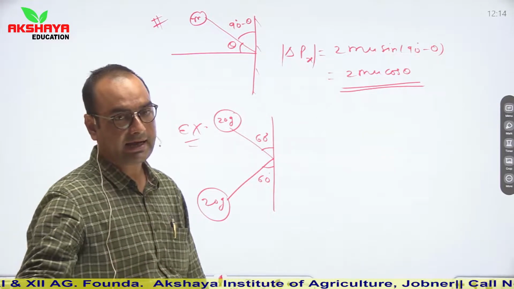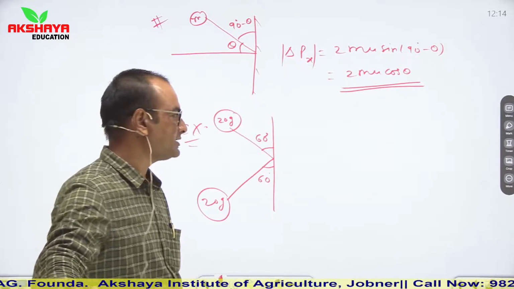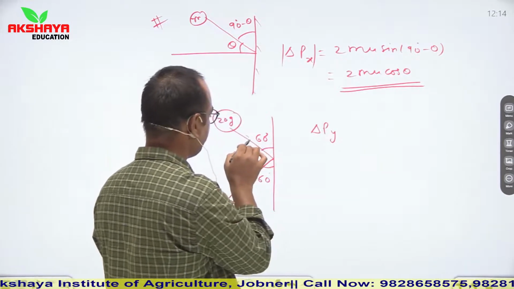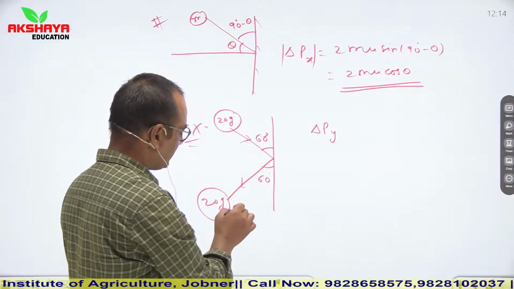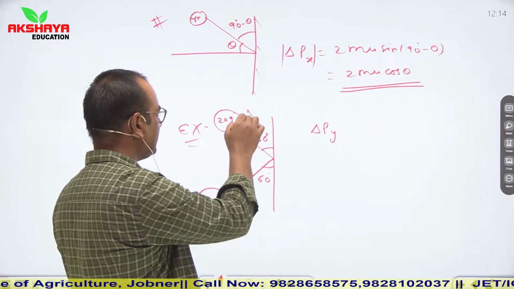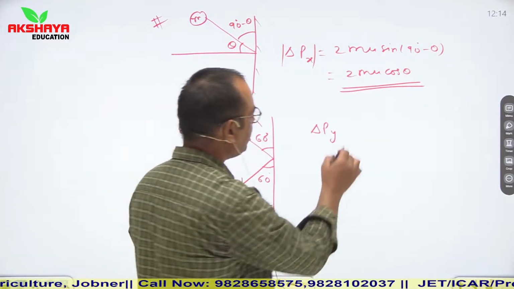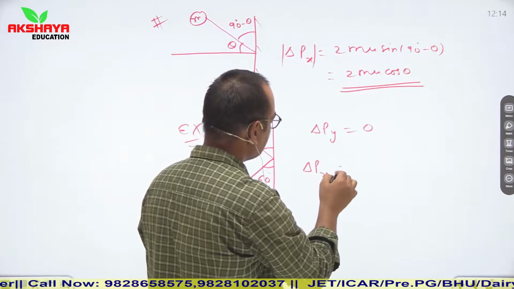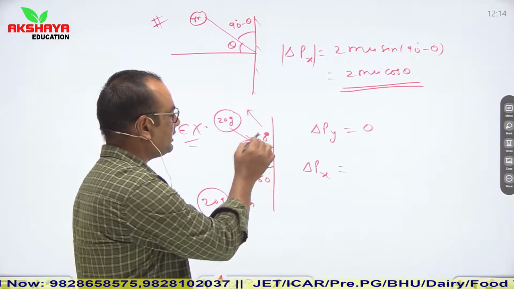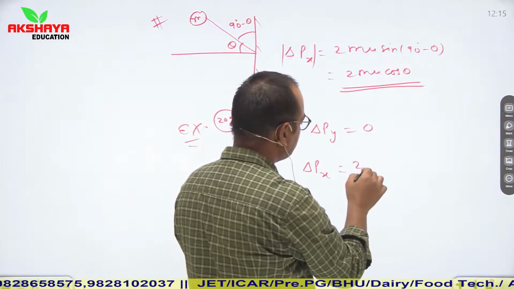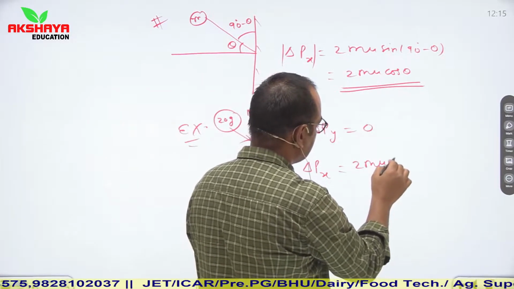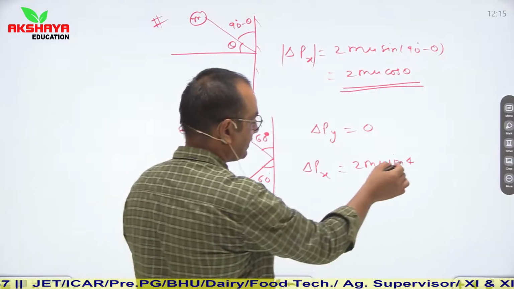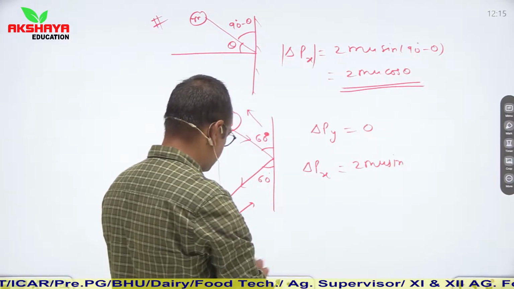If you are asked the change in momentum in the y direction, then keep in mind that in the y direction there is no change, whether they are moving like this or this way, it is similar. So del py is equal to 0, but for del px, you are given the angle with the vertical, so it will be 2 mu sin 60.